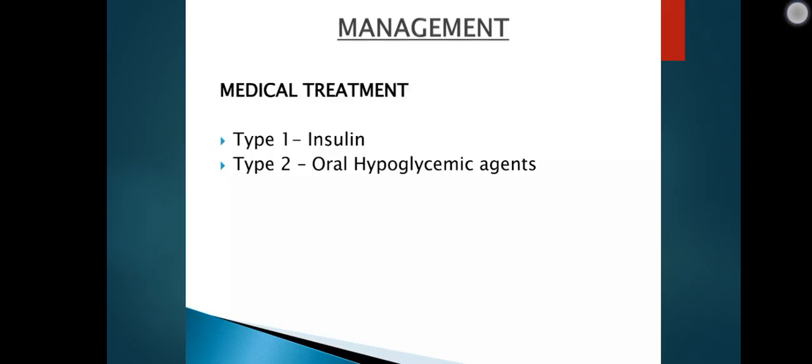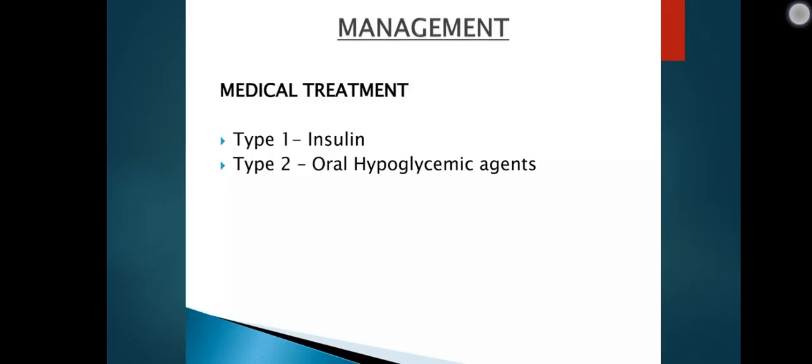Because insulin is basically a protein, and it is digested in the stomach and digestive tract, and its effect will be nullified. So we will prefer insulin administration by the subcutaneous route.